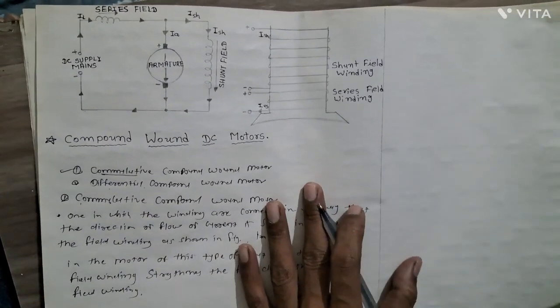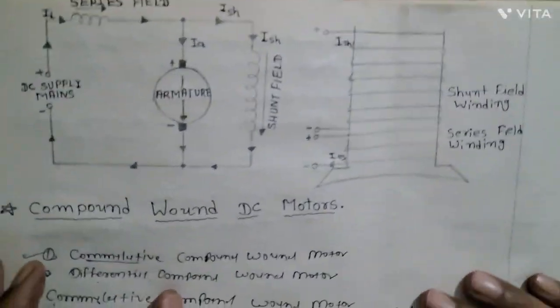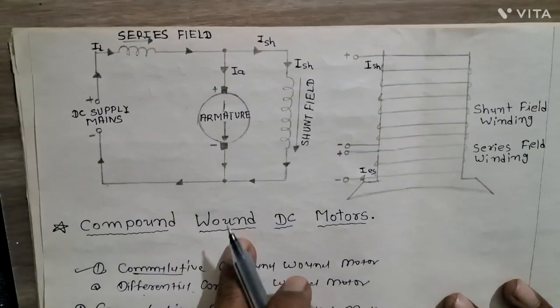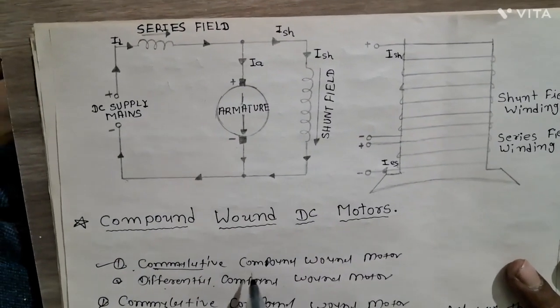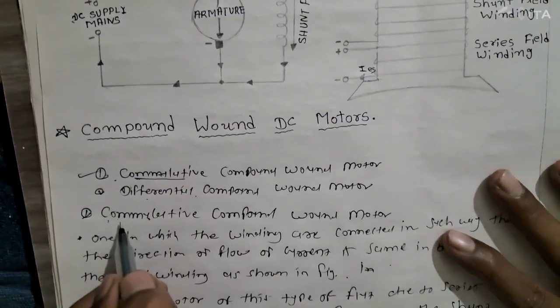So I'm writing this figure, and the two types of compound wound DC motor. The first is the cumulative compound motor. We are talking about this motor.